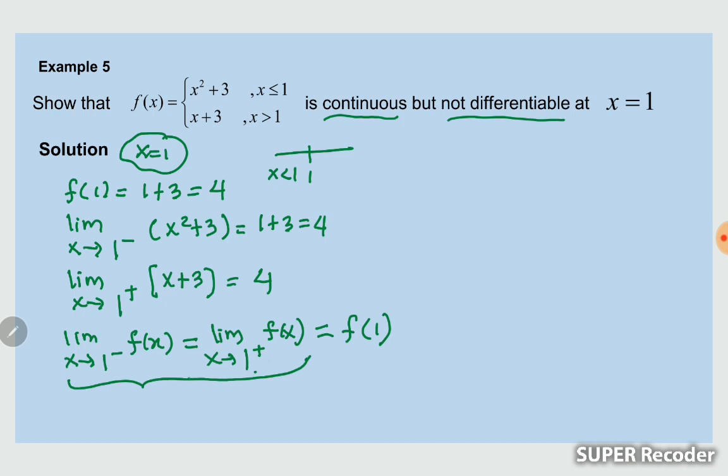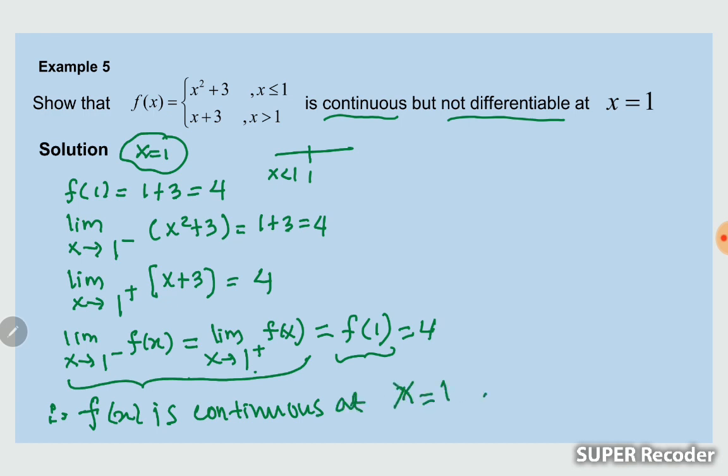To show that the function is continuous, the limit has to equal f(1). What is f(1)? f(1) equals 4. So therefore we can say that f(x) is continuous at the point x equals 1.